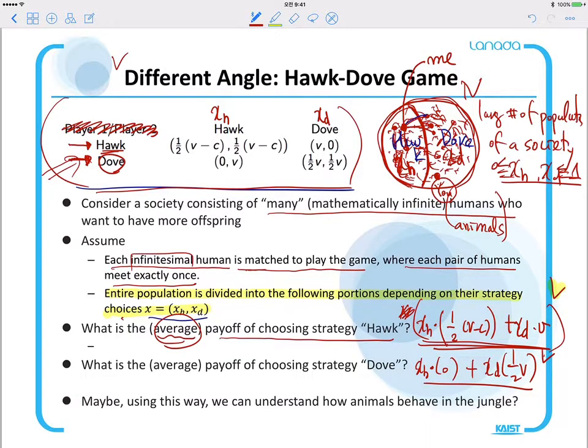And probably we can understand how the animals and the humans behave in the jungle: how many are choosing the hawk strategy, how many are choosing the dove strategy, and so on. So given a normal form game, we can interpret this normal form game in a different way, and that's exactly what I'm doing.